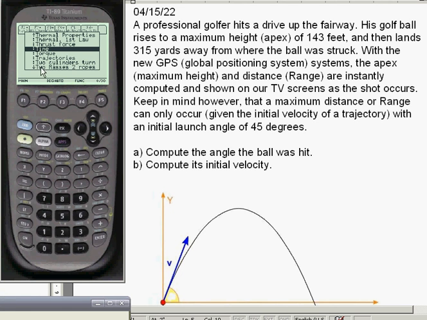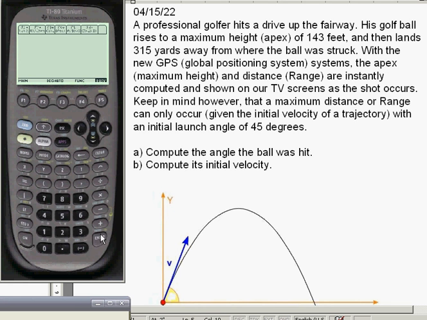They ask you to find acceleration or whatever, velocities, and that's all in the menu here. So we're going to go to trajectories here, press enter, and we're into the program.